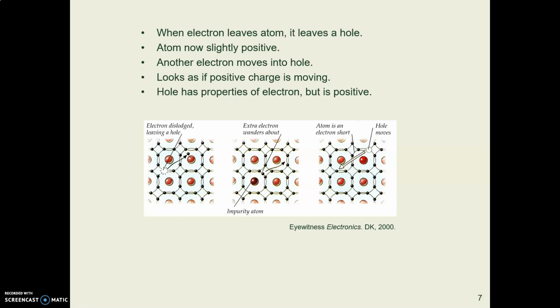And as you look at these things, if you could look at them through some kind of special microscope, you'd see that the electrons, the negative charges, are moving along, but also the holes are moving along. It is as if the holes carry electricity, but it's positive current, and the electrons carry electricity, but it's negative current.